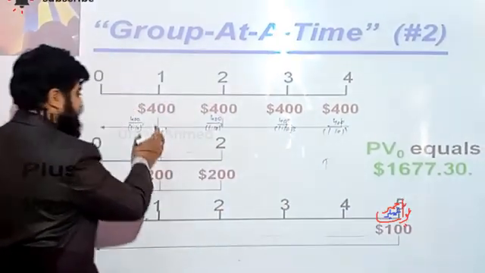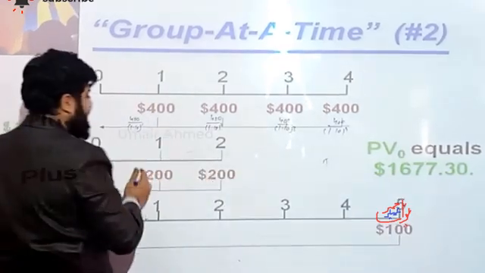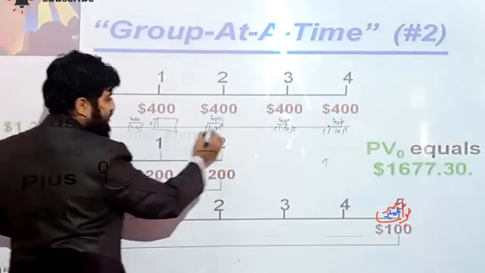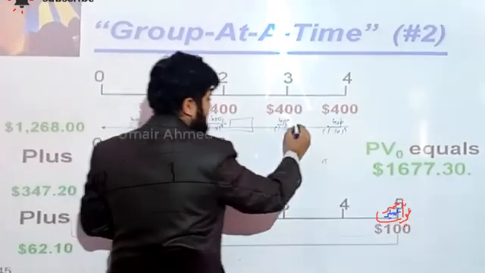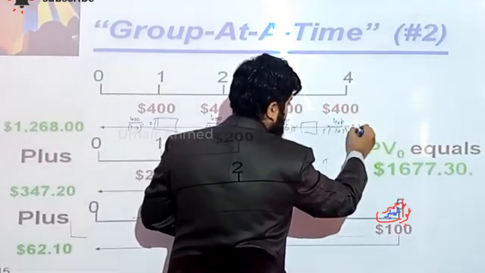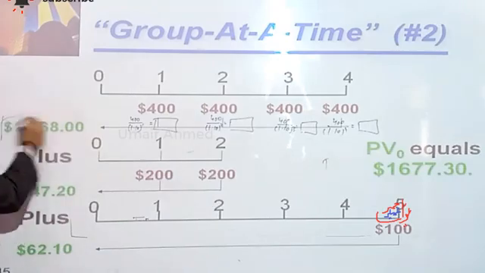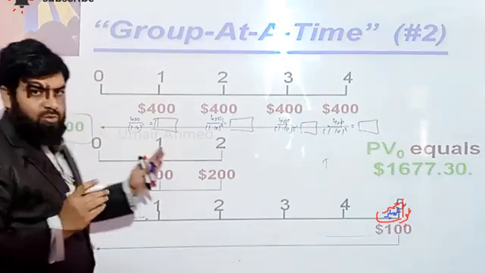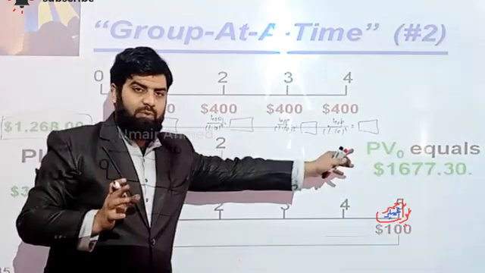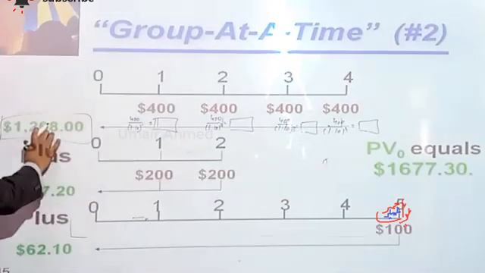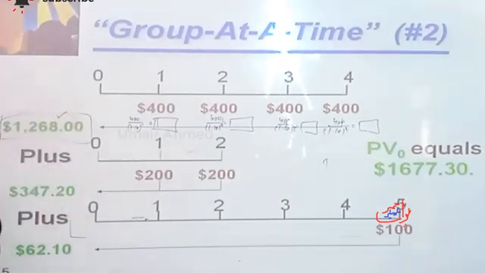From each and every cash flow you will get a value. After getting such values, we have to combine all of them and you will get this amount. So it's your homework. You have to calculate each and every value and then check whether this value is okay or not.